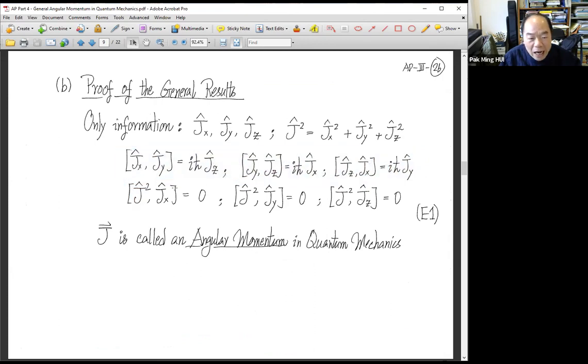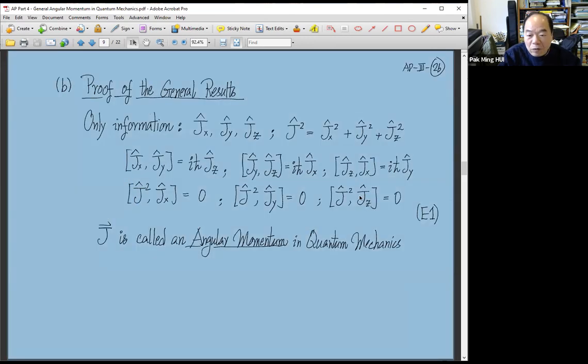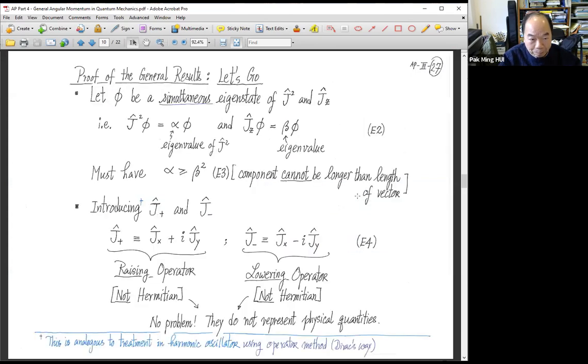Therefore, we have the choice of finding the simultaneous eigenstate of J square and one component. And we usually take it as the Z component, without loss of generality. So we say phi is the simultaneous eigenstate of J square and JZ.